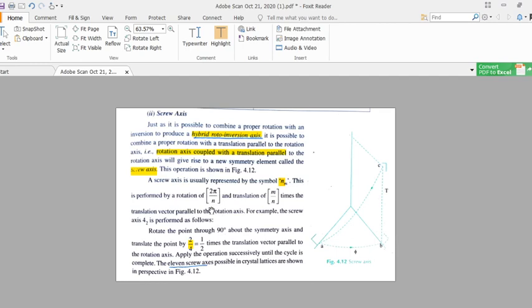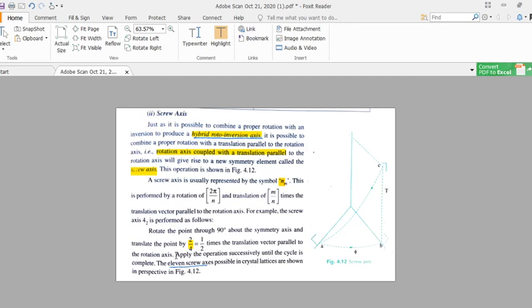Okay, point number 2. How shall I get the translation? Translation in a square bracket is m upon n. What is m? m is 2. What is n? n is 4. So basically it's 1/2. Now what does this mean? It is traveling 1/2 times the translation vector parallel to the rotational axis.